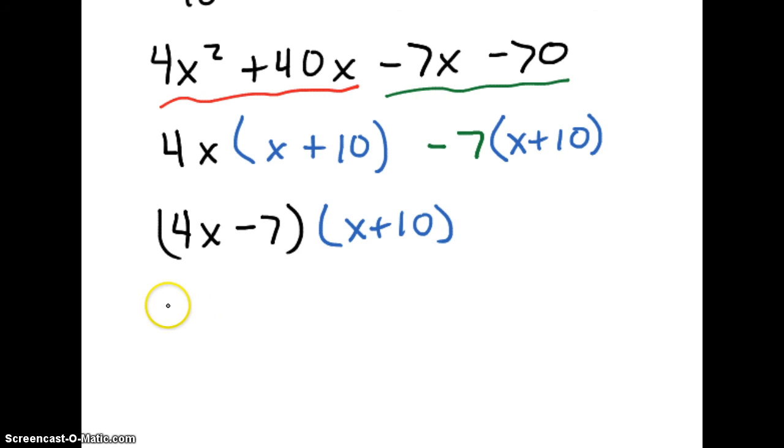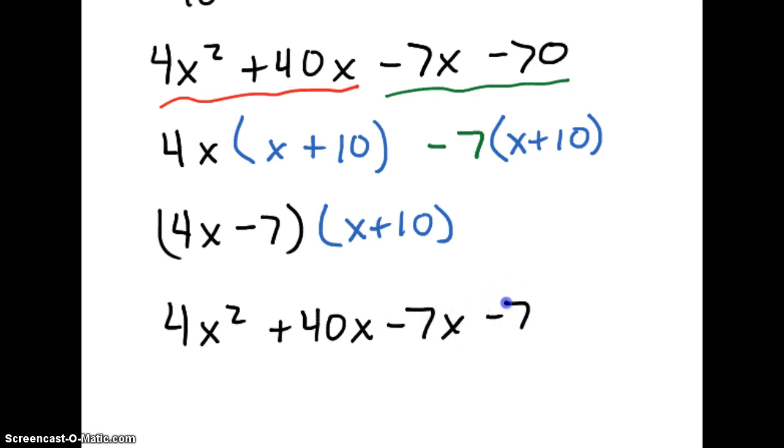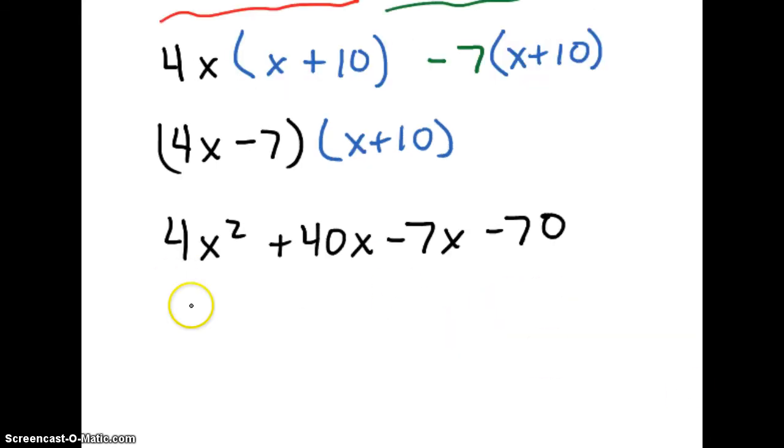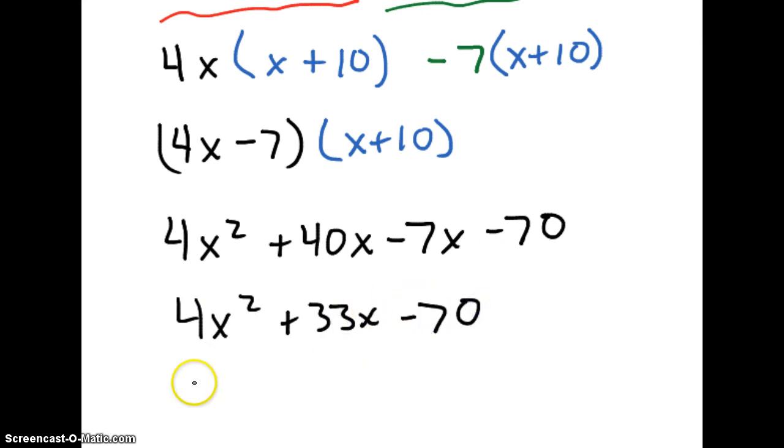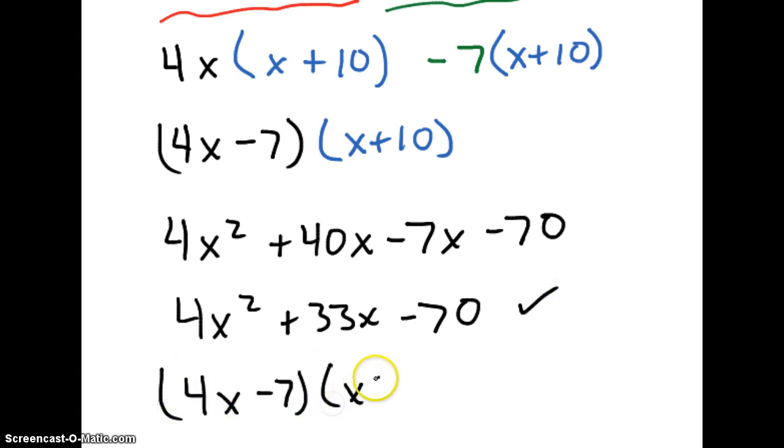So let's do a quick check. 4x squared plus 40x minus 7x minus 70. If I combine like terms, 4x squared plus 33x minus 70. And this checks out, so my factored form is 4x minus 7 times x plus 10.